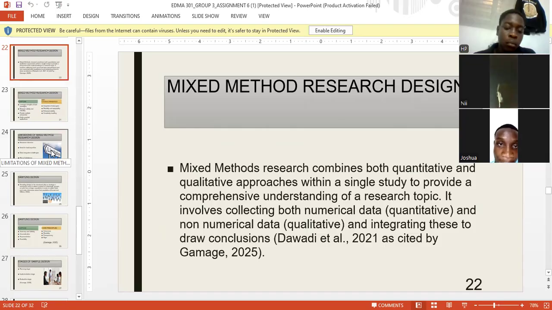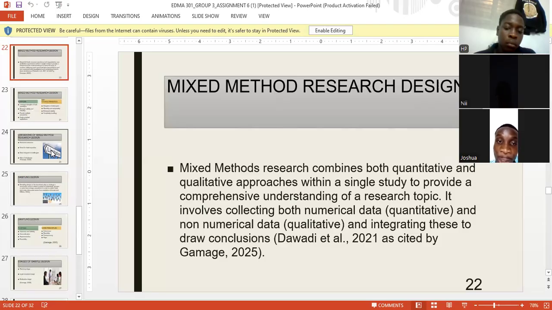Okay, so the next method is the mixed research design. As my brother said, the quantitative deals with numbers and the qualitative deals with explanations and findings. If you hear mix, you are talking about a blend or a mixture of the two. So mixed method research is exactly how it sounds. It's a blend of quantitative and qualitative approaches.